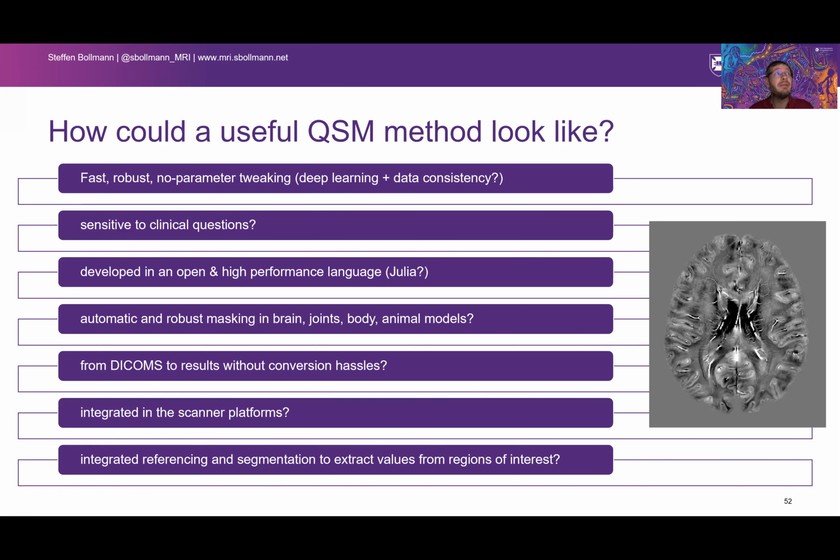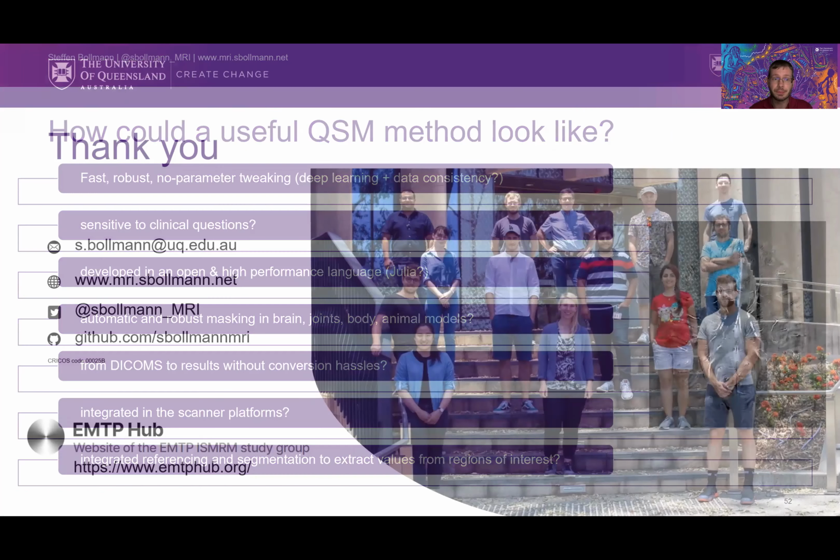And if we think that referencing and segmentation is important, we should propose techniques to do this reliably, and also potentially come up with ways of segmenting regions of interest already in our pipelines so that people can directly use the outcome of these pipelines and compare it to their question.